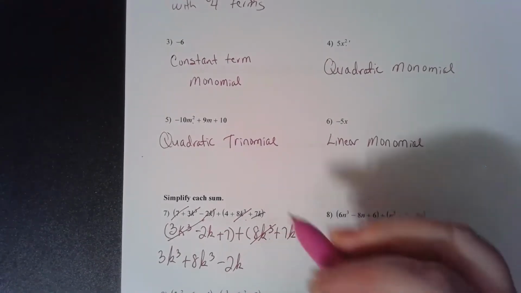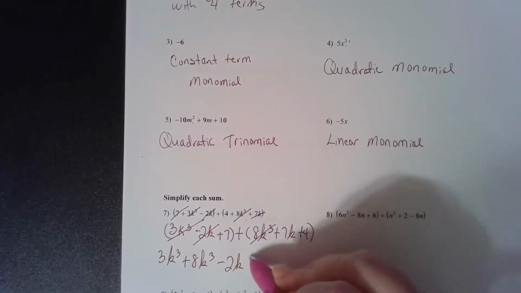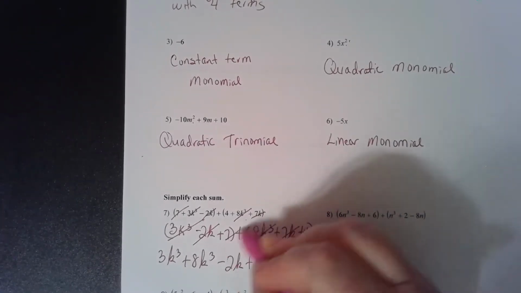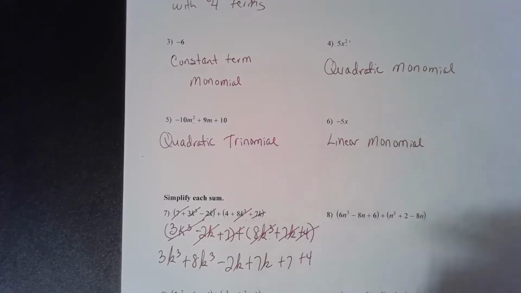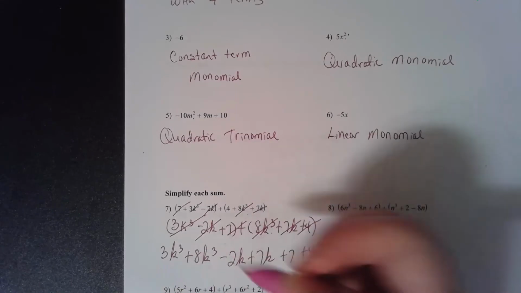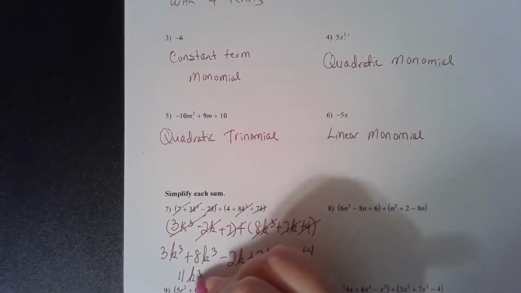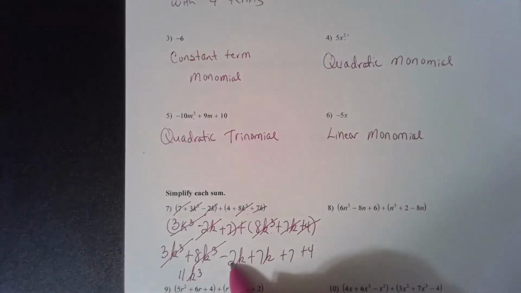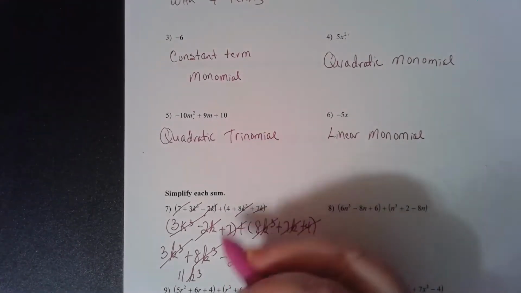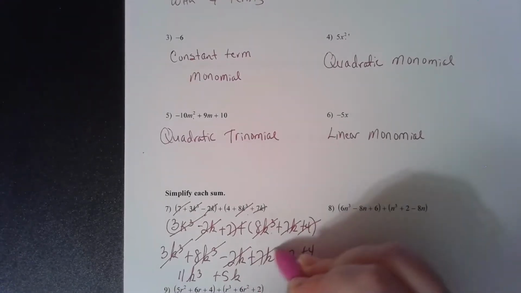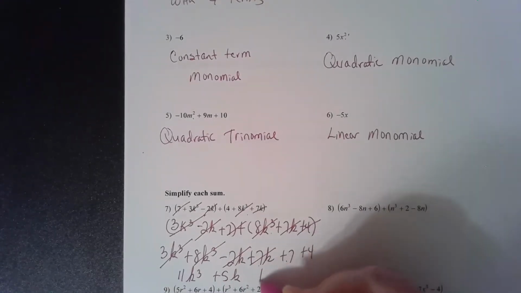We have no k squareds, plus a 7k, and then we've got a plus 7 and a plus 4, and then we're going to add those together. So 3 plus 8 is 11k cubed. And if I take 2k's away from 7k's, I get plus 5k. And then finally, 7 plus 4 is 11.